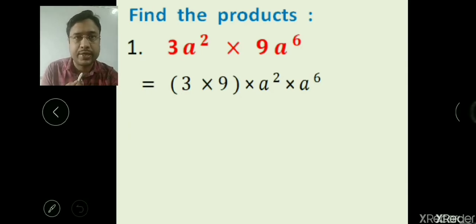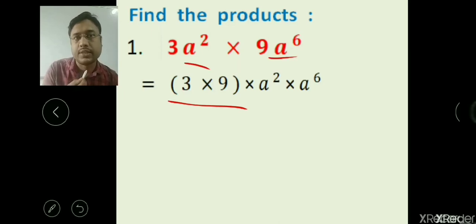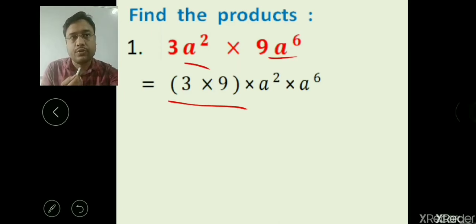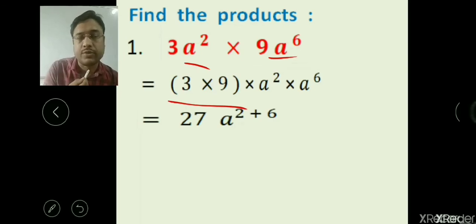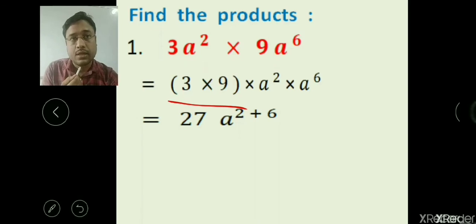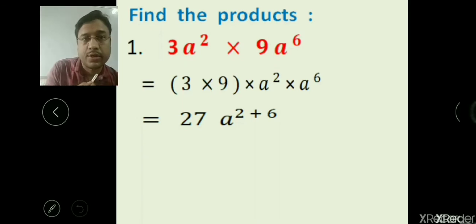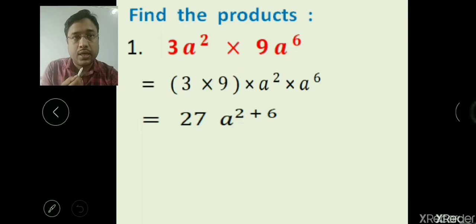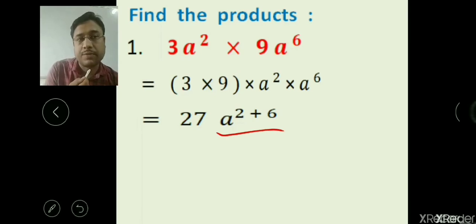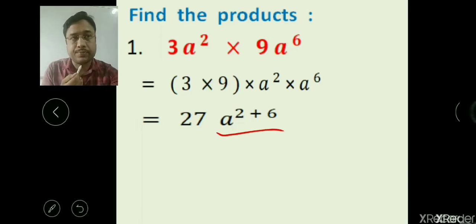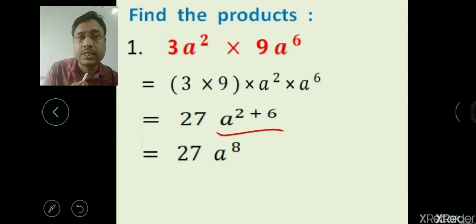Then multiply the variables a square and a to the power 6. 3 into 9 is 27, and a square into a to the power 6 has the same base, so you can add the powers: a to the power 2 plus 6, which gives a to the power 8. So the result is 27a to the power 8.